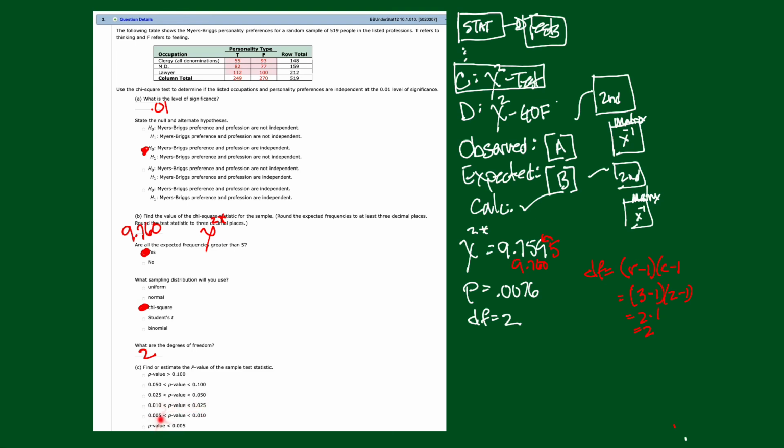This is 0.5% to 1%. I think that's where we are, because look where we are. We are at 0.0076. We're still above 0.005, so we're down here. That's 0.5%, and we're a little bit more than 0.5%. Got a very small p-value.